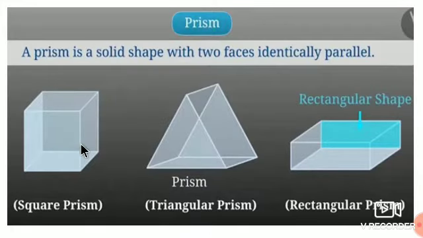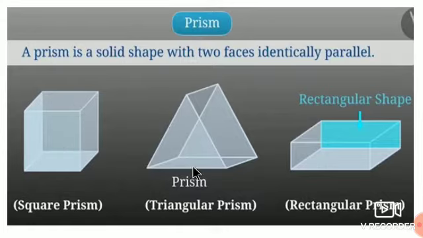This is the square prism, triangular prism, and the rectangular prism. This is the base. These prisms are placed here in such a way that we can observe the bases of the prism. So this is the base of the prism which is of square shape, and this is the bottom of the prism which is also of square shape.